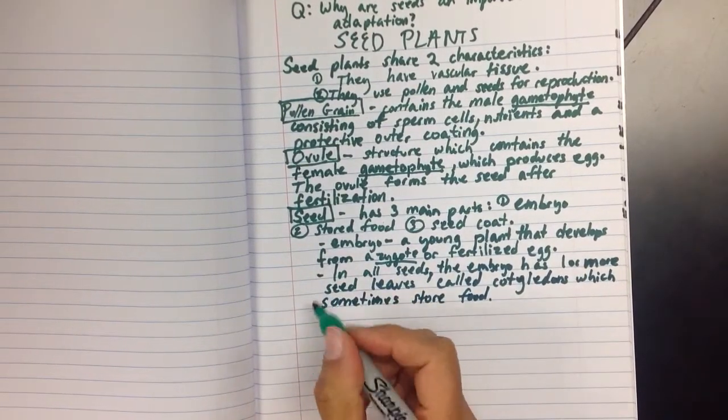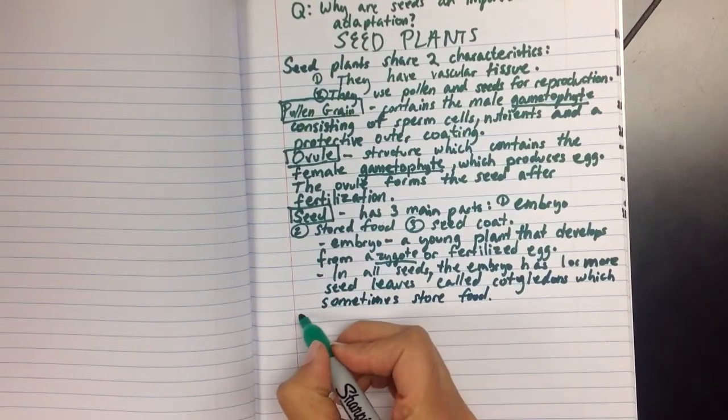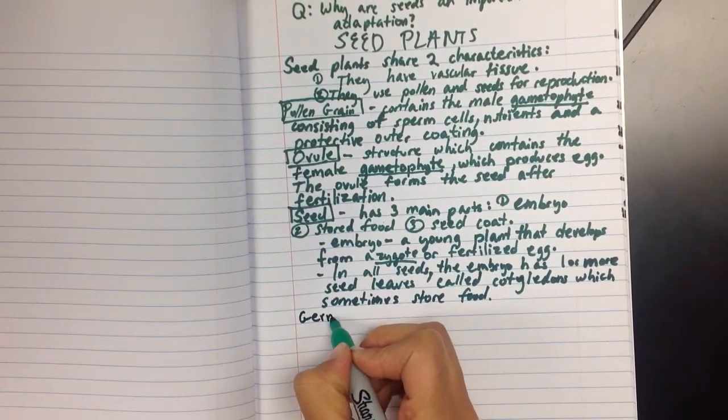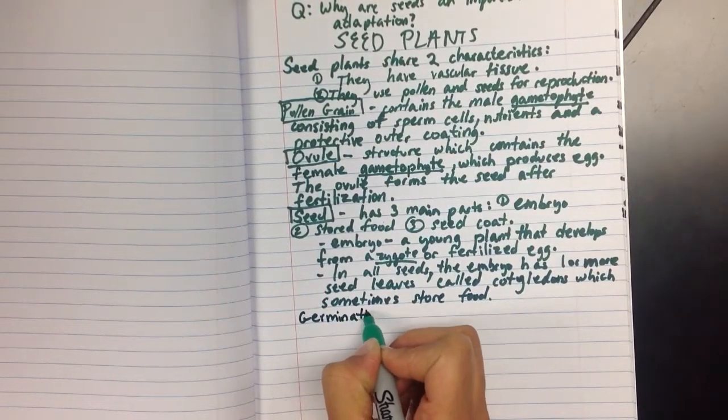So once a seed has been made, how does it turn into a plant? It goes through a process called germination.